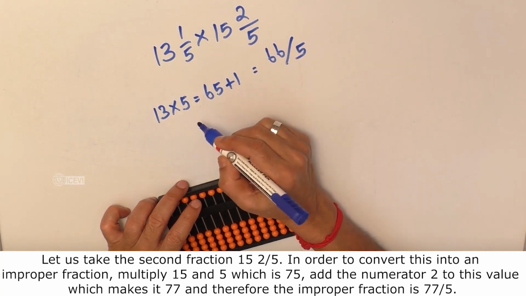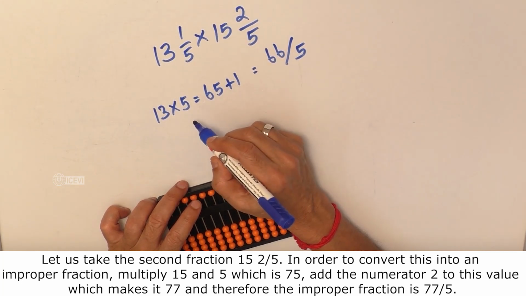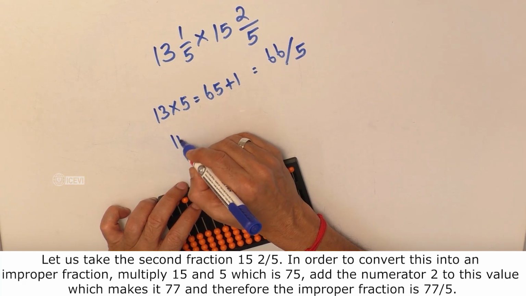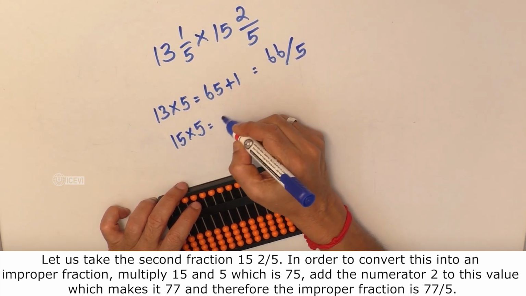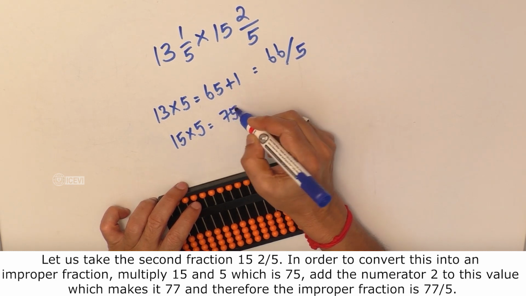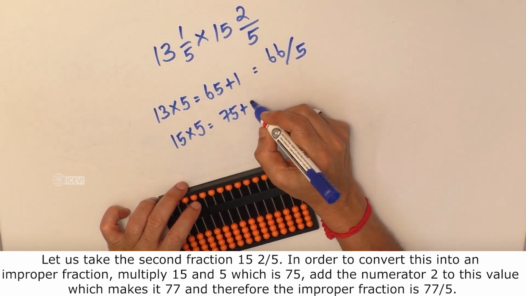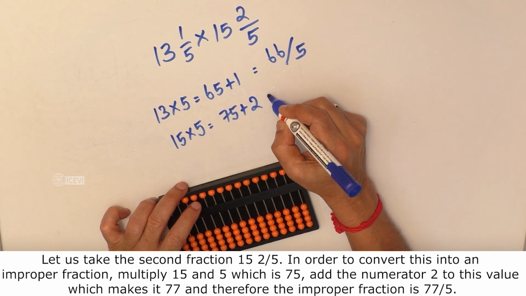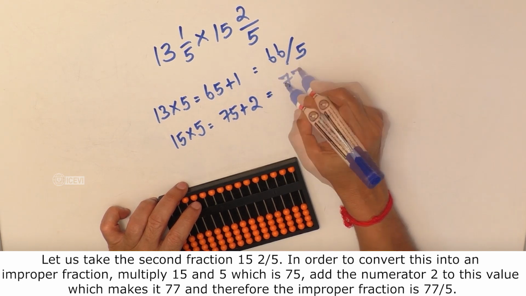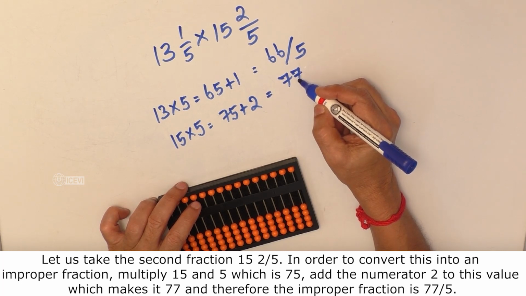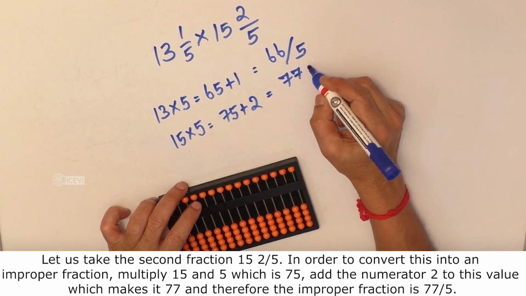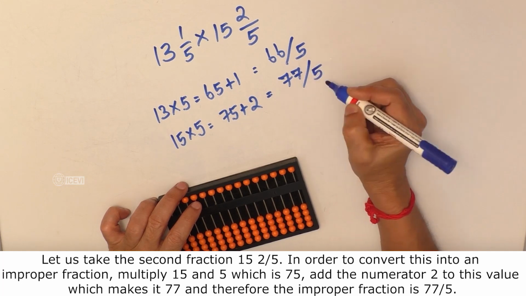In order to convert this into an improper fraction, multiply 15 with 5, which is 75, add the numerator value, which is 2, that makes it 77 as the numerator of the improper fraction with 5 as its denominator.